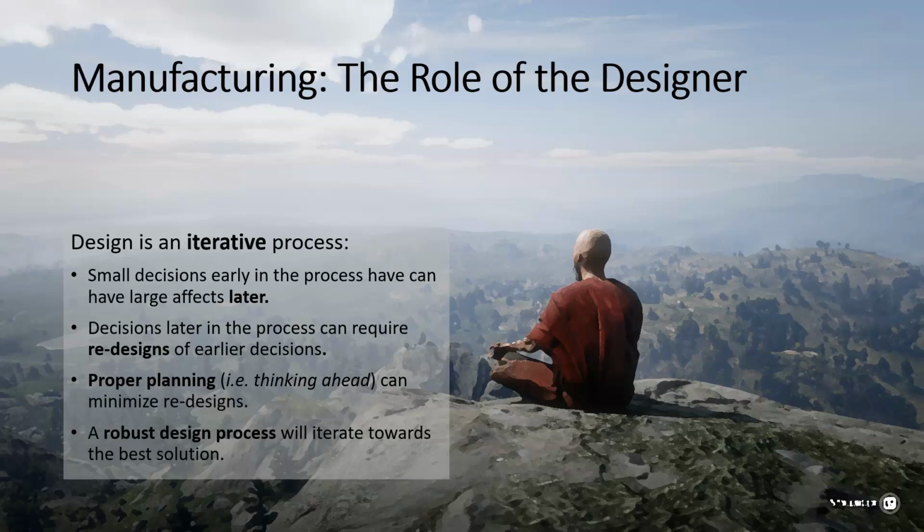I know sometimes we don't feel that way, but generally speaking, the more people involved, the more that we plan ahead and have an iterative feedback loop to our designs, this produces a robust design, and it's going to be the quote unquote best solution.